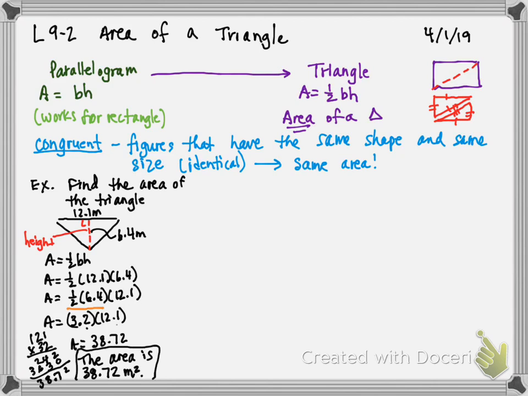Okay, so let's do one with a missing dimension. So it says find the missing dimension of the triangle. And by the way, you're expected to memorize these formulas, okay? Very important. Certain things just need to be in your head. We need to use them that much. So let's see what they give us in our diagram.